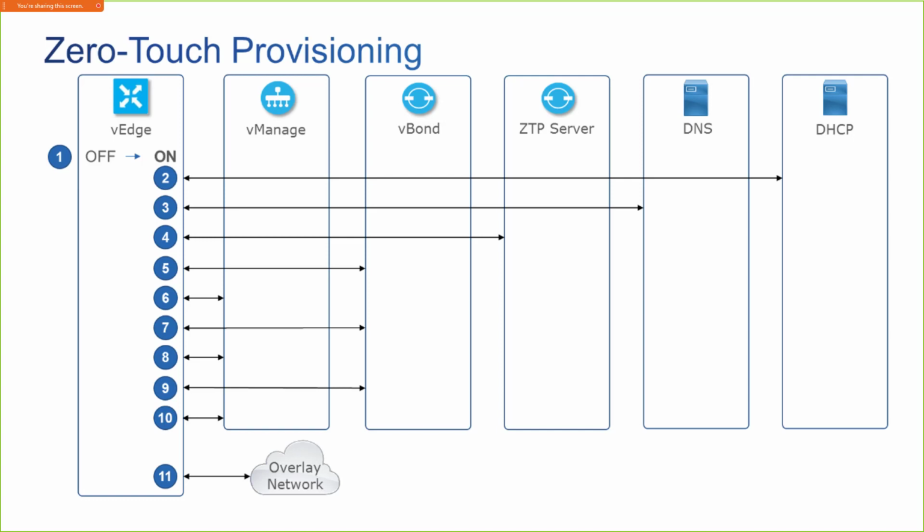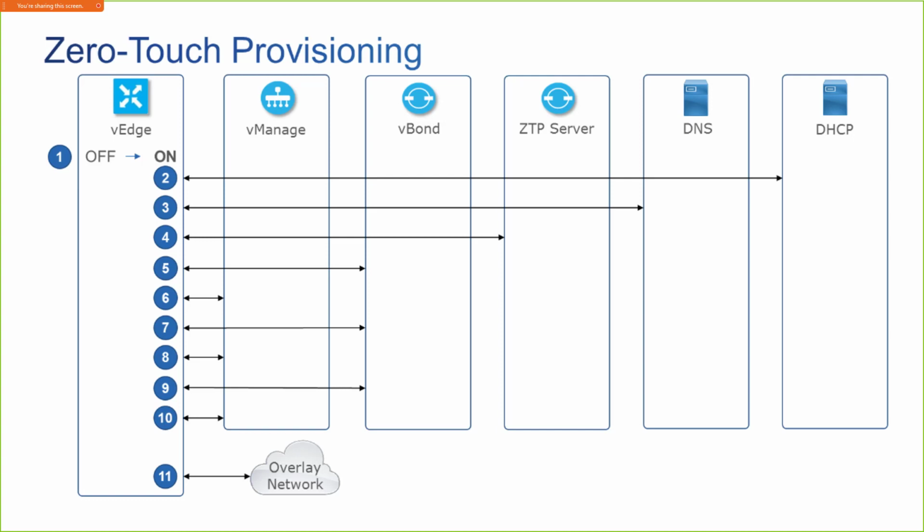So the Cisco SD-WAN solution does provide this completely isolated or air-gapped network provisioning process because we actually implement a Cisco Cloud ZTP server that has a plug-and-play portal that you connect to in order to provision these endpoints.